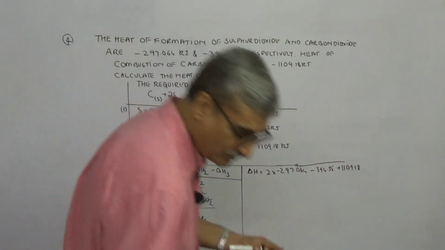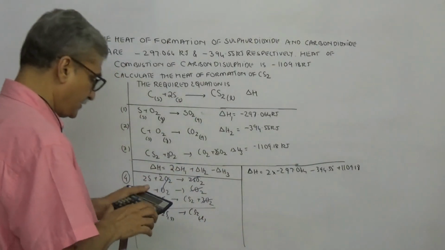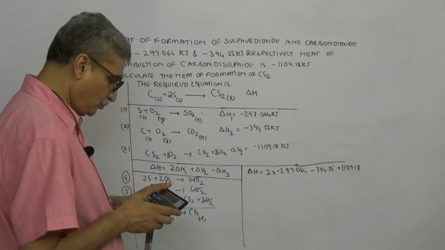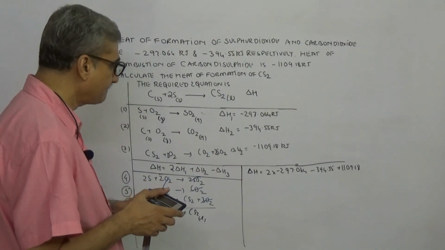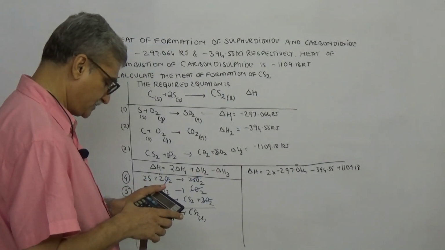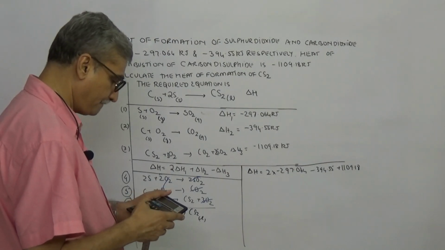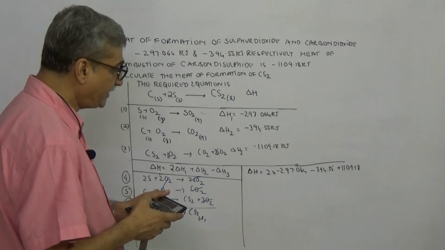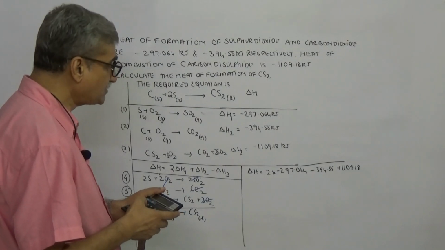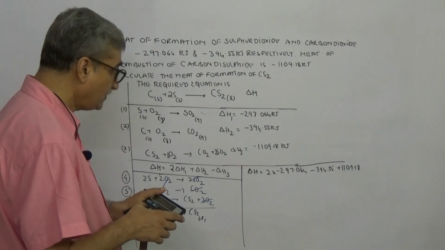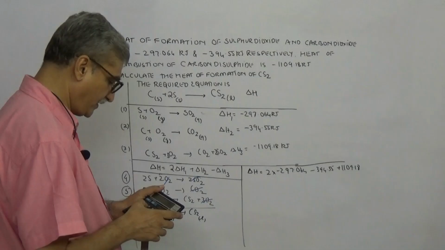So how much does it come to? We have 297.064 into 2, 594, plus 394.55.